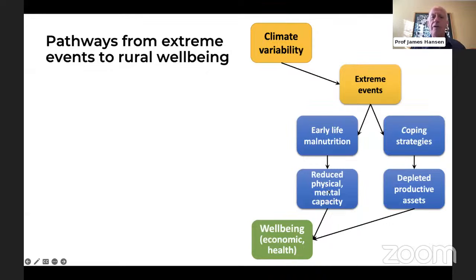Early life malnutrition leads to reduced human capital, human resources in the forms of physical and mental capacity. And that also can have an adverse impact on economic and health well-being long after climate conditions return to normal, long after the shock ends.